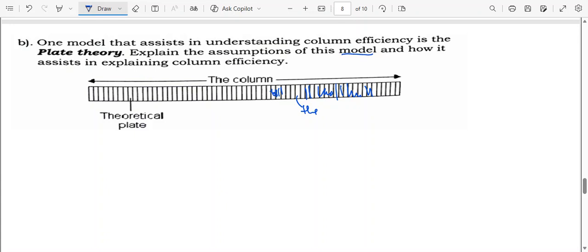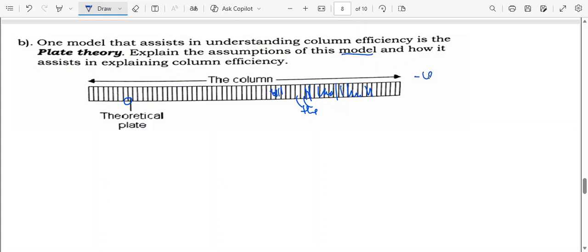So that is it about the column theory or the plate theory. The assumption is that the column contains many equilibrium plates, the stages, which we call theoretical plates.